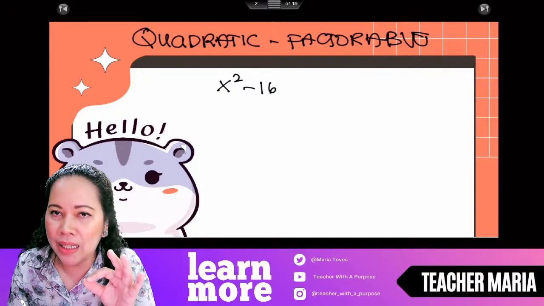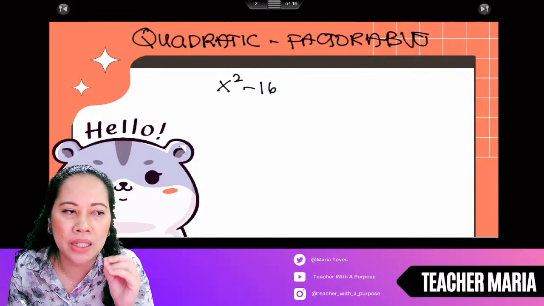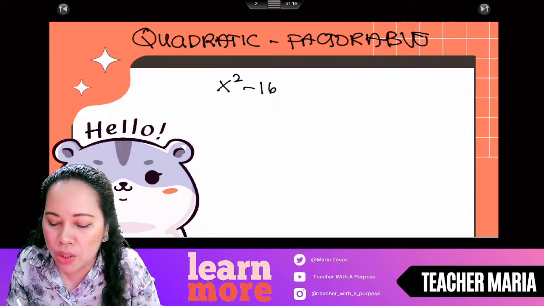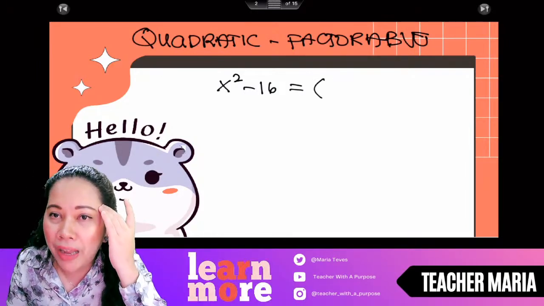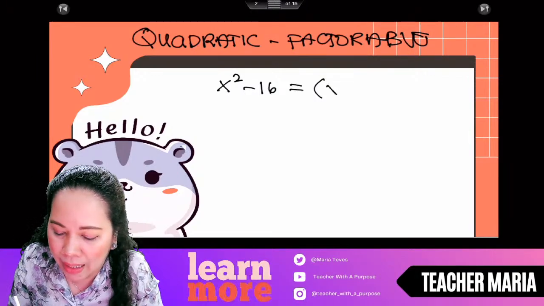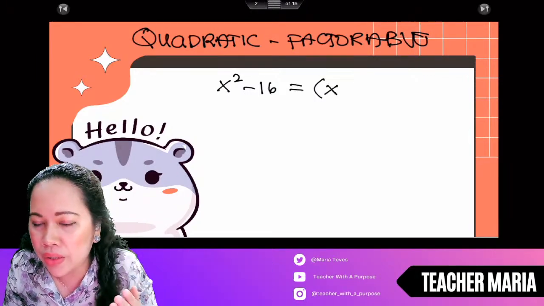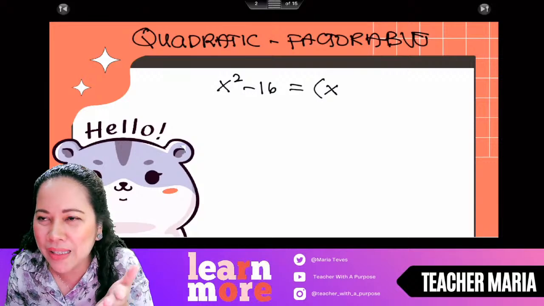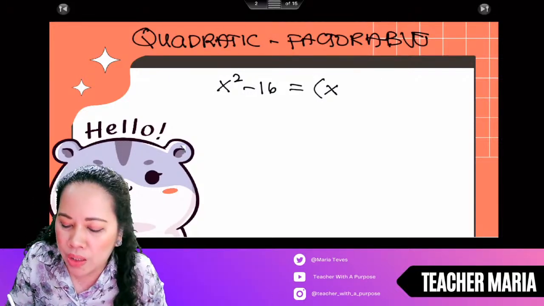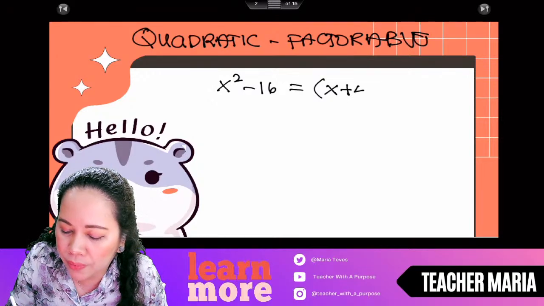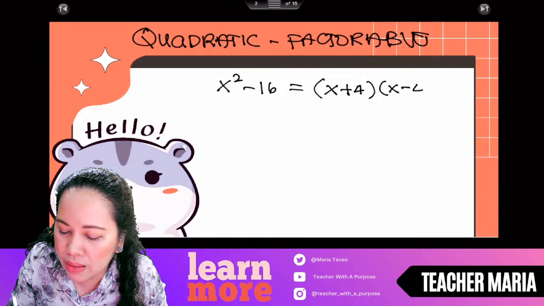Your 16 is a perfect square. Your x squared is also a perfect square. So what you need to do is just write the root of x squared, which is x, and the root of 16, which is 4. So you just need x plus 4, x minus 4.